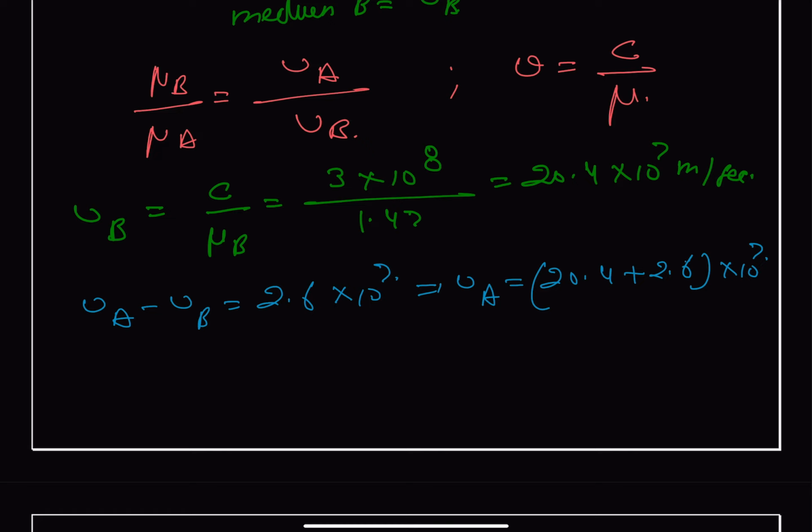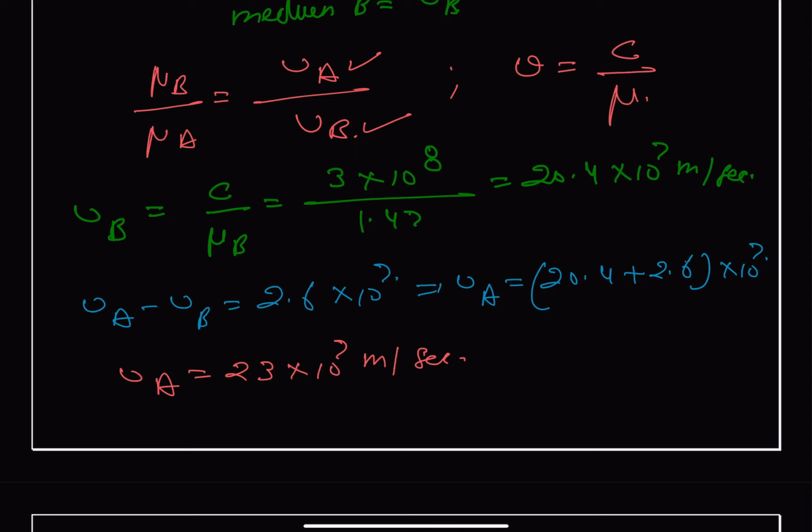From here we get V of A is equal to 23 into 10 to the power 7 meter per second. So we got our V of A and V of B.